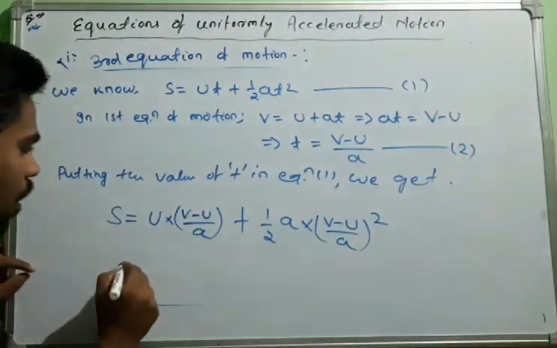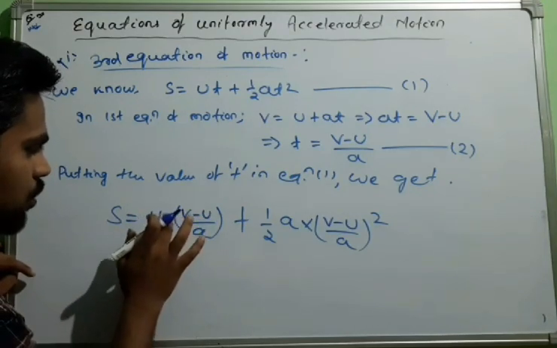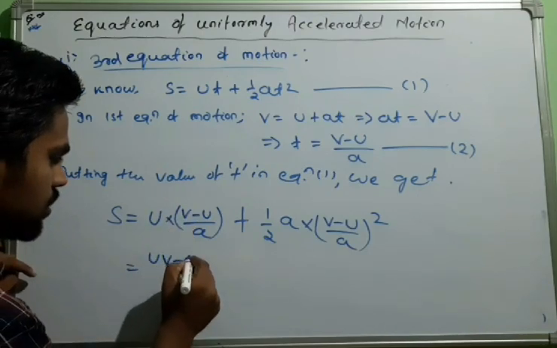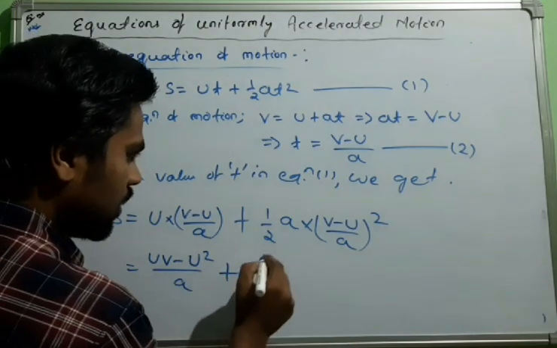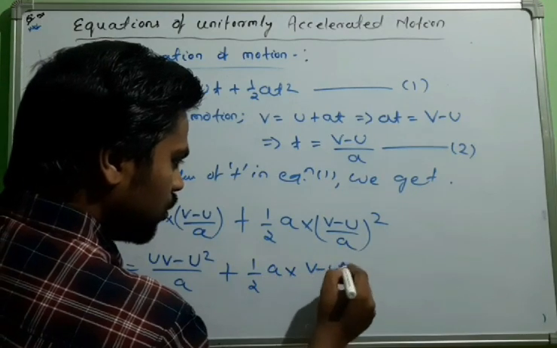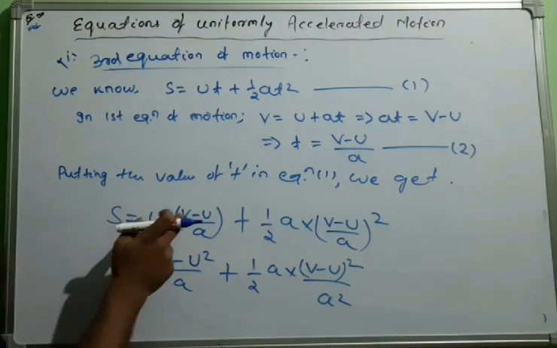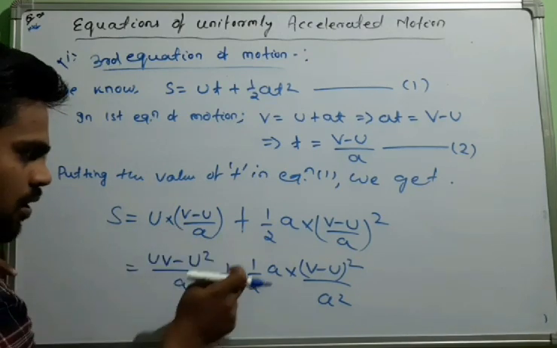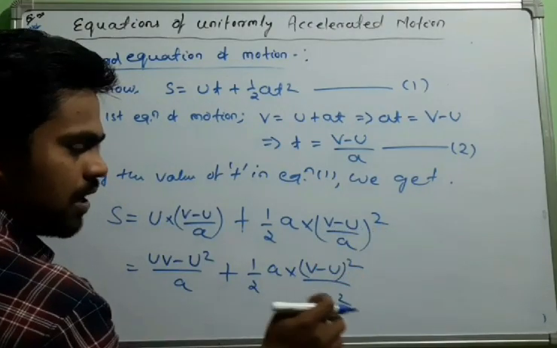Clear? Now we can write, this is UV minus U square divided by A, plus half A into V minus U whole square divided by A square. Clear or not? I am multiplying, U multiplying V, UV, U multiplying U minus U square divided by A, plus 1 by 2A into V minus U whole square divided by A square.